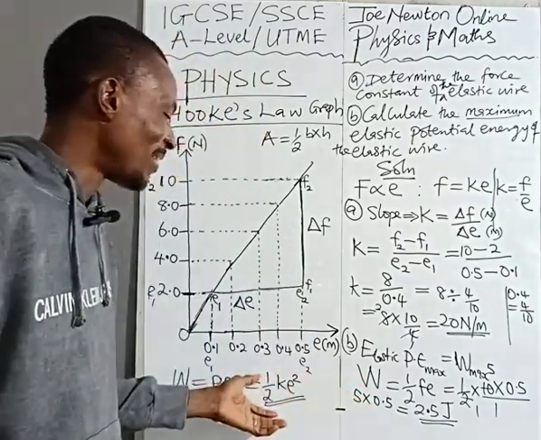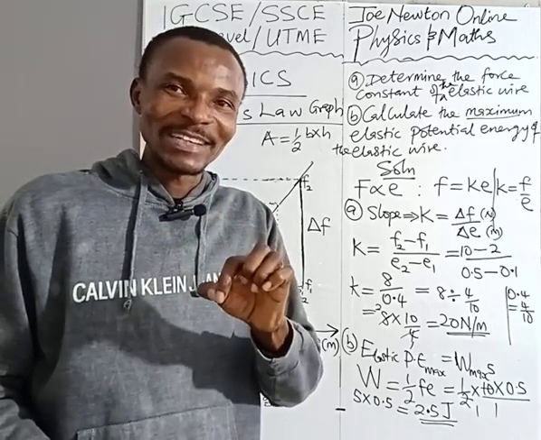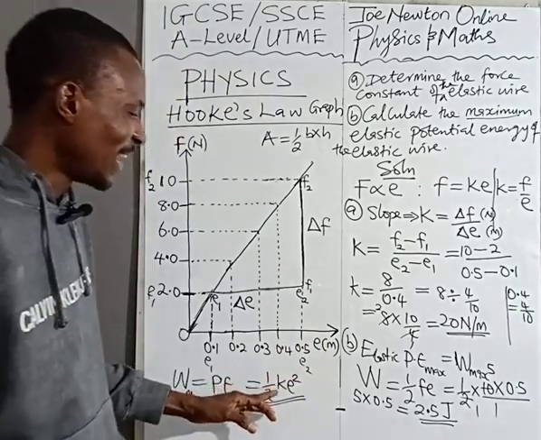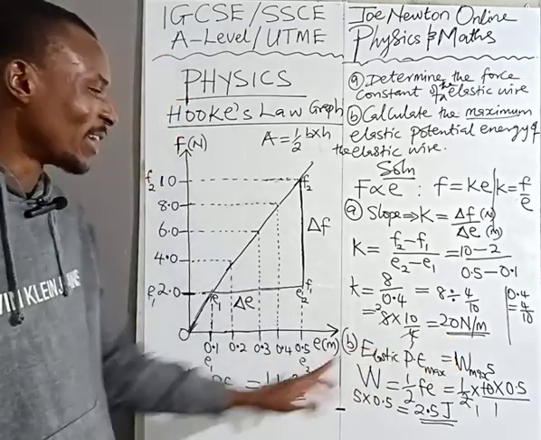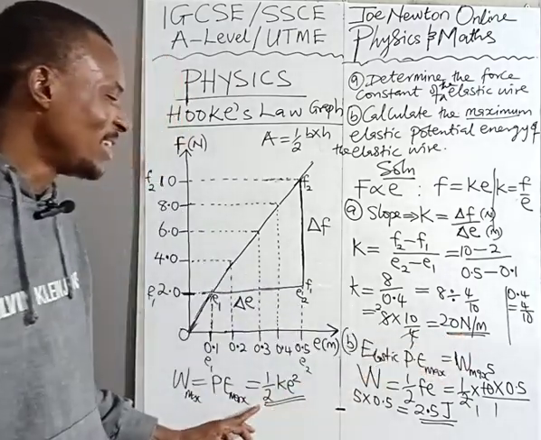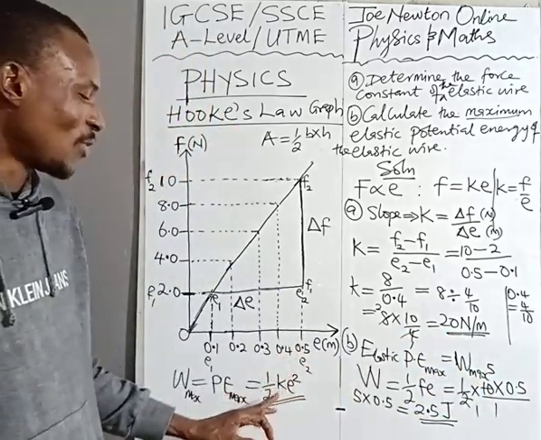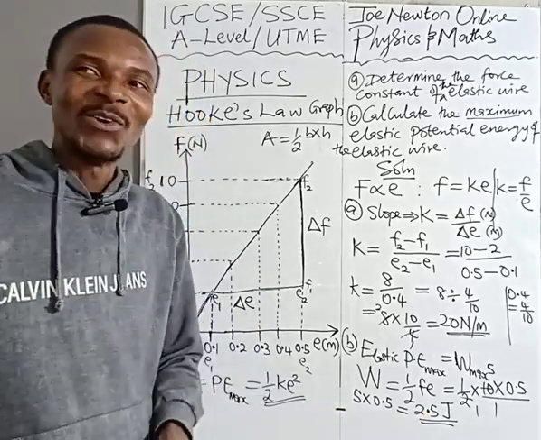If you apply this formula, you will confirm this answer as well. Try it and drop your answer in the comment section. Remember, K is already 20. If you are using this formula now, K is 20. And our E here, the maximum extension here is what? 0.5. So apply this formula and confirm whether it will still give you this answer.